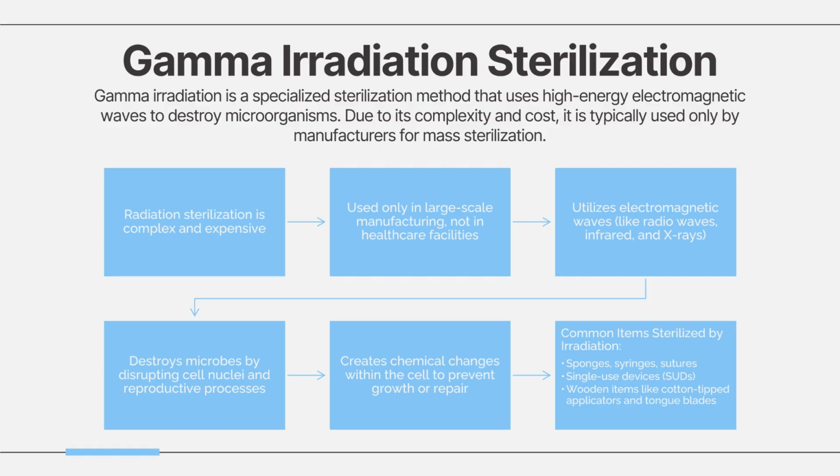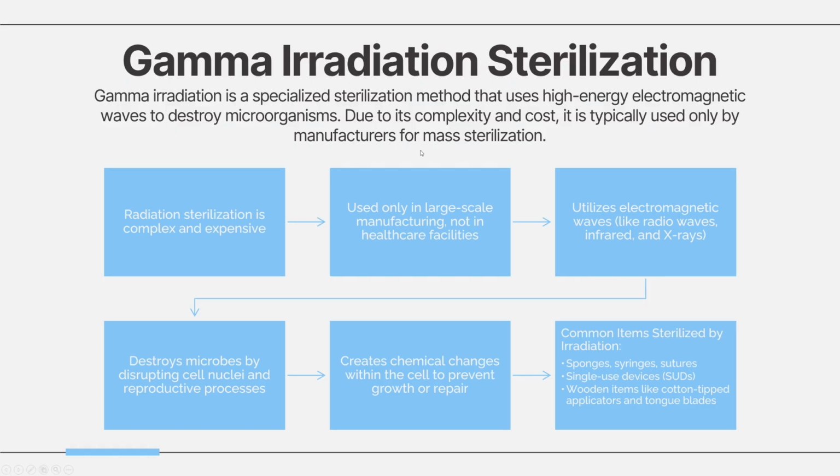It penetrates packaging and product surfaces, making it ideal for disposable syringes, sutures, implants, gloves in sealed pouches, but due to the cost of gamma irradiation sterilization, radiation safety concerns, and the general infrastructure needed for it, it's not used in hospitals. It's more used by manufacturers for mass sterilization.